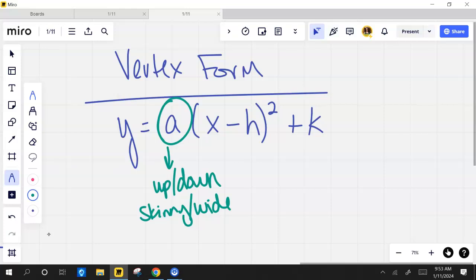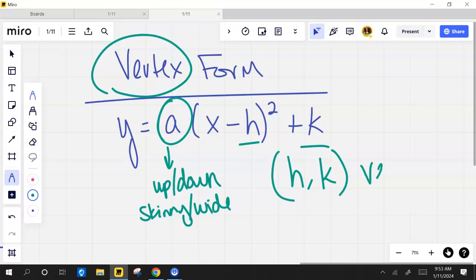Now the new thing here is my H as well as my K. And since this is vertex form, the H and K are actually giving me the vertex. You know how we have to go through all that work to find the vertex in standard form, opposite b over 2a, plug it back in, and it's a lot? That's all eliminated in this form, because in this form, the point (h, k) is my vertex.